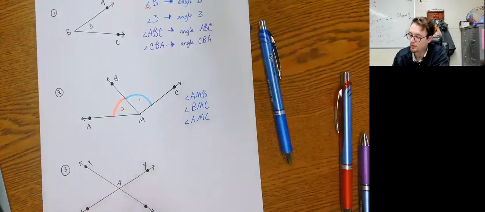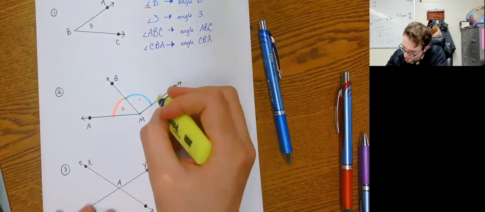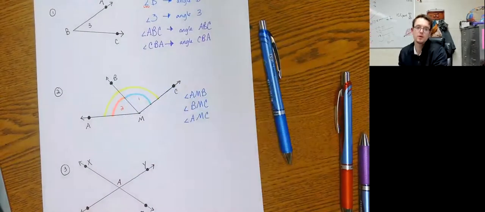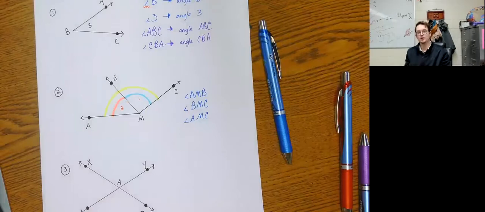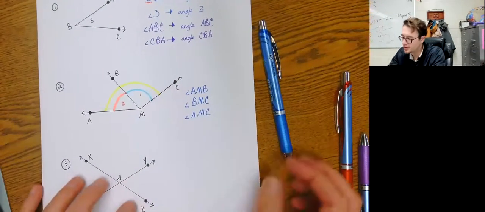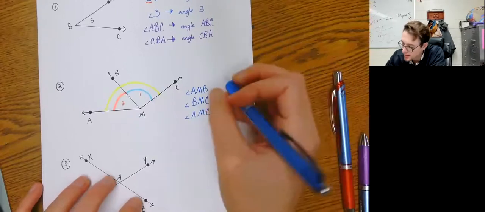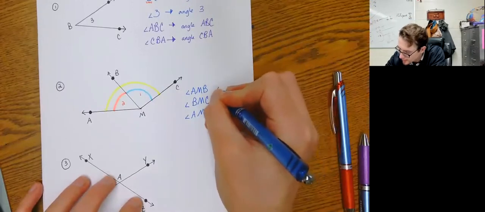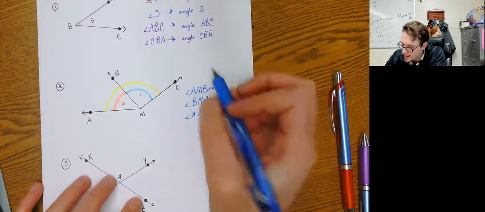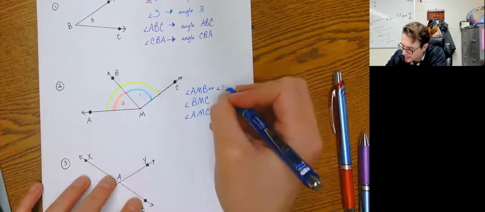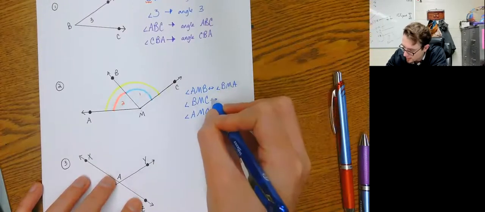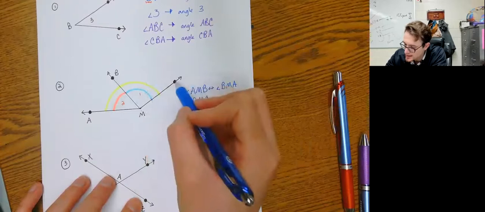That would be the whole angle. Now you could do the reverse of these. For this one, you could do angle BMA, and for this one you could do CMB.